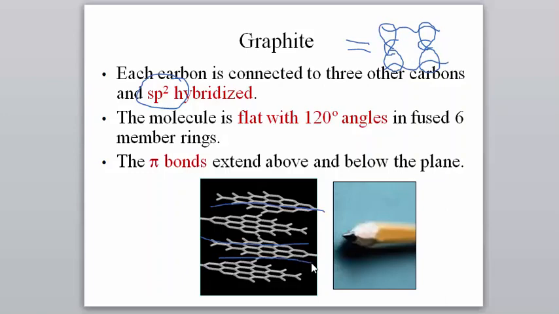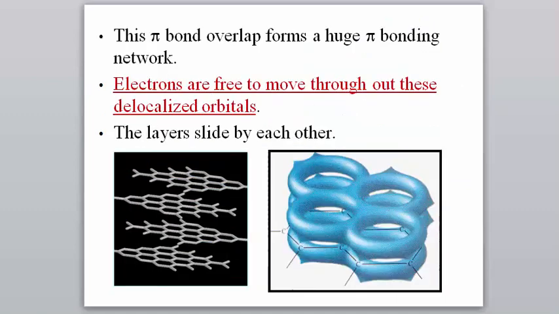So that is why graphite, with its 120-degree bond angles and sp2 hybridization, has pi bonds that extend above and below and carry those electrons. Those electrons are delocalized in the graphite. So comparing the carbons in graphite and diamond would be a good structural question on the exam. Pi bonding networks where electrons are free to move. This also allows the layers to slide by each other.